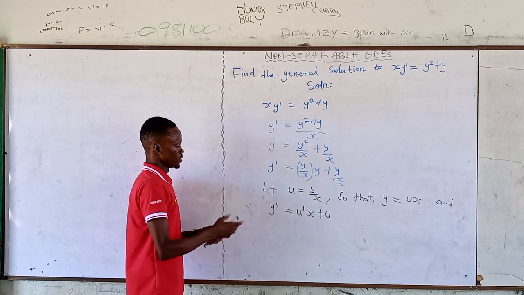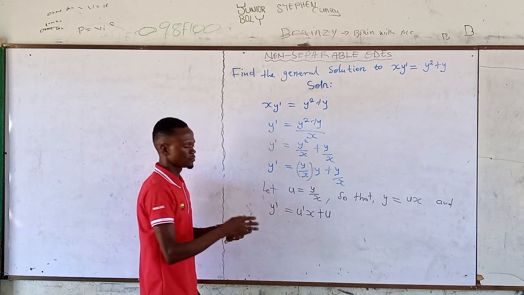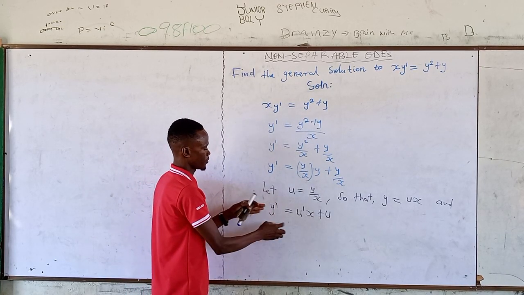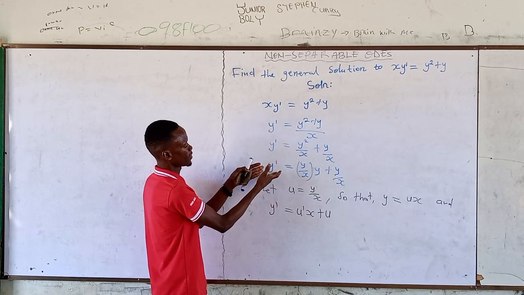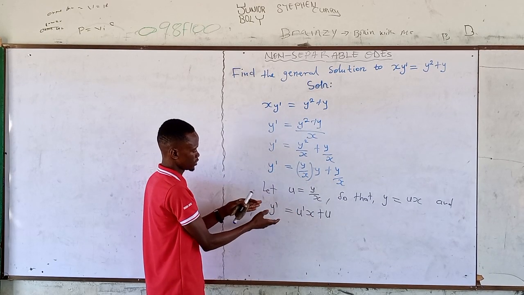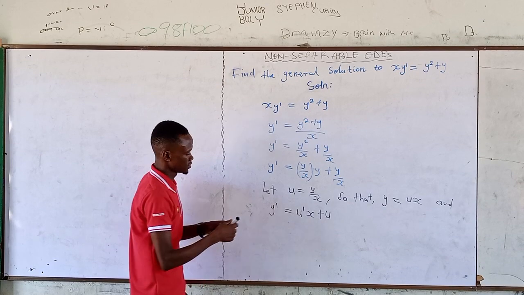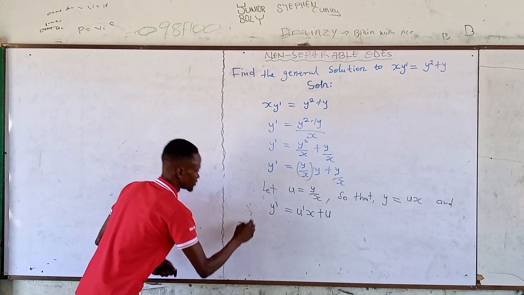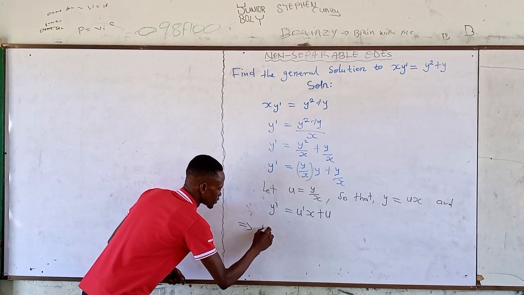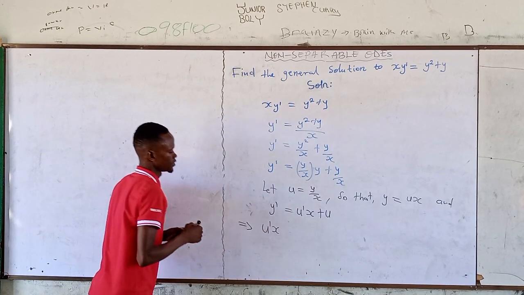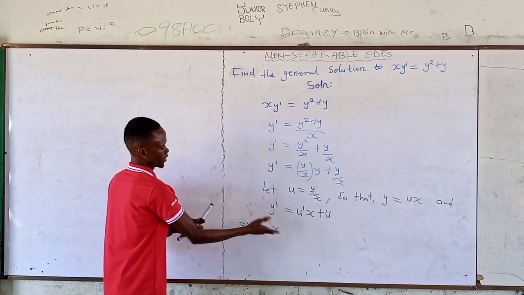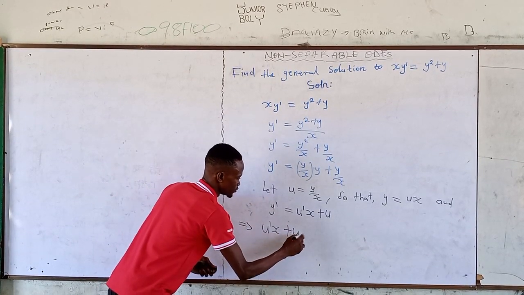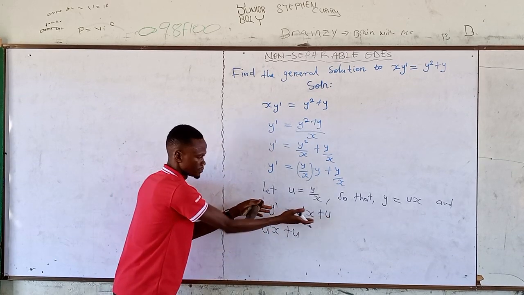And so, having done this, we now replace the y prime here. Putting y prime as this, we have the equation become x u prime plus u, that is for the y prime here.